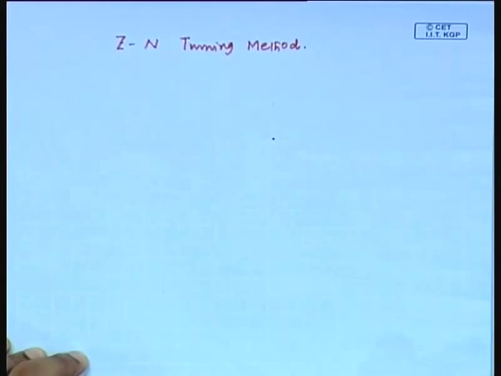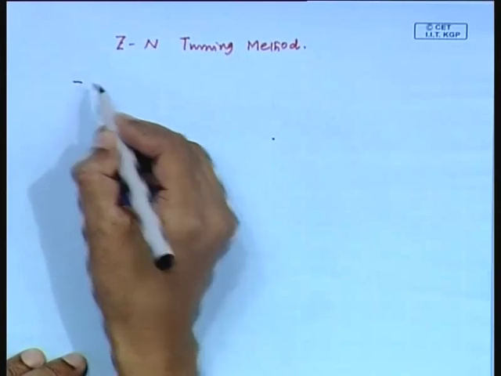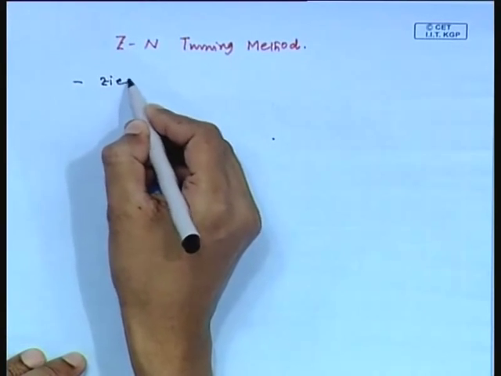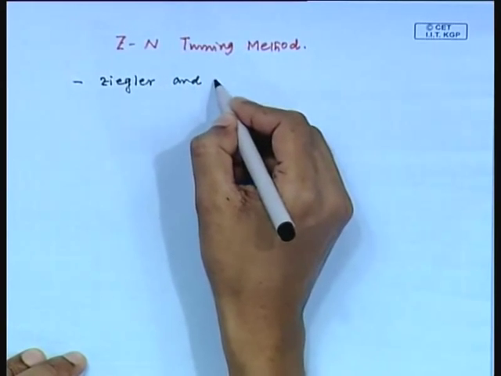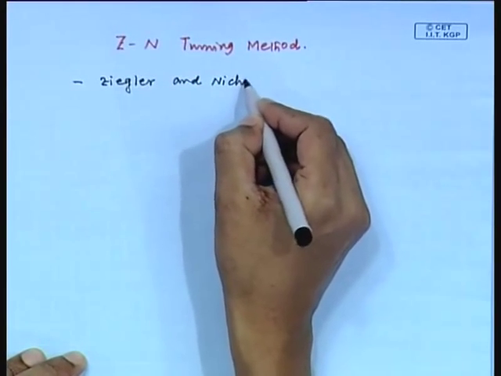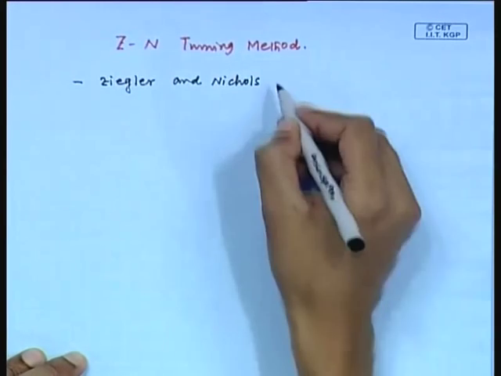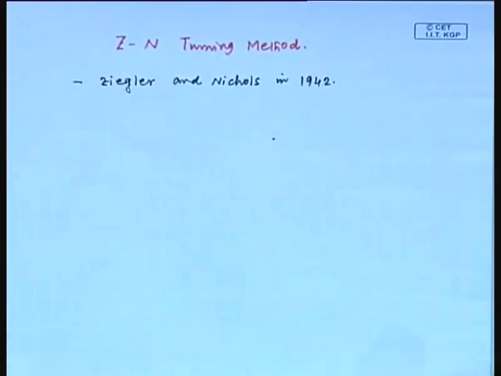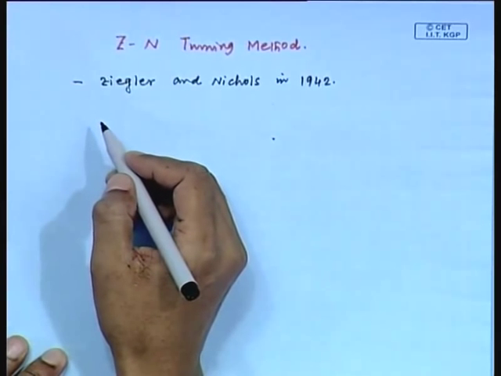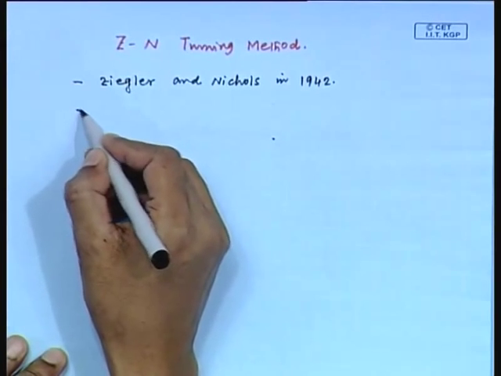Ziegler Nichols tuning method. This technique was proposed by Ziegler and Nichols in 1942.